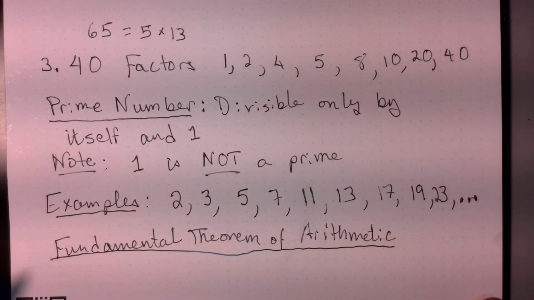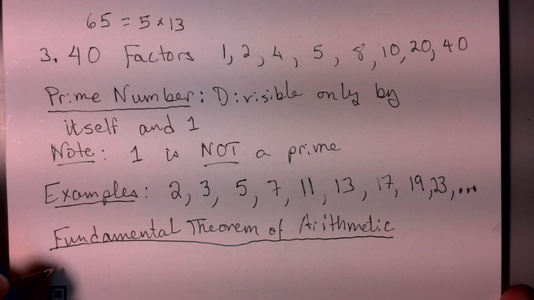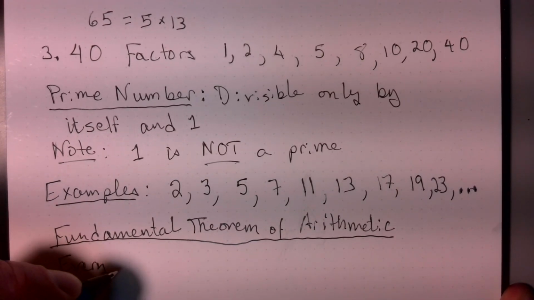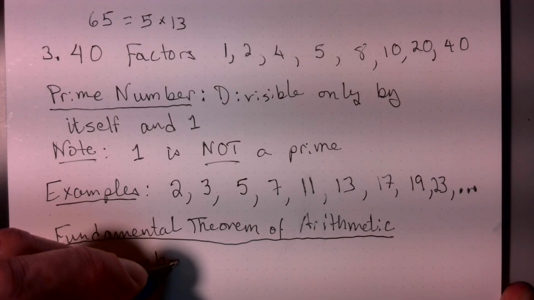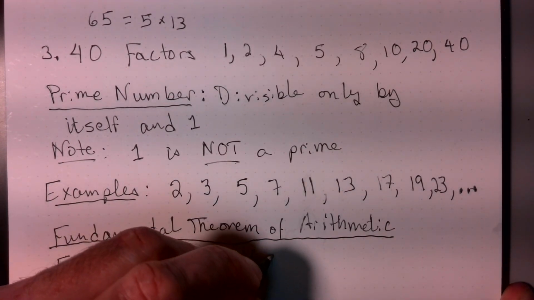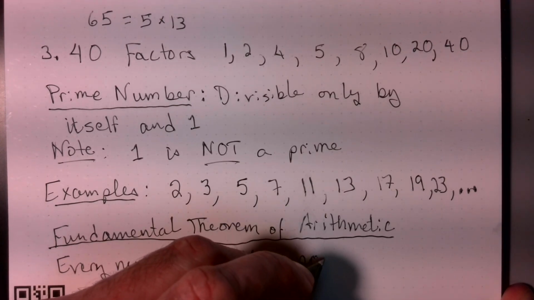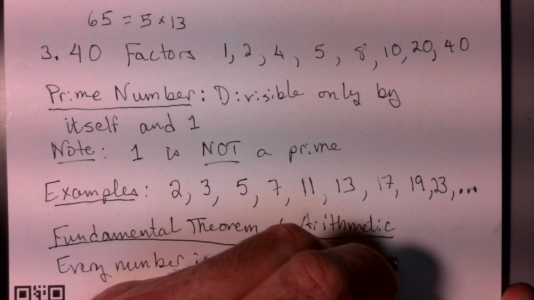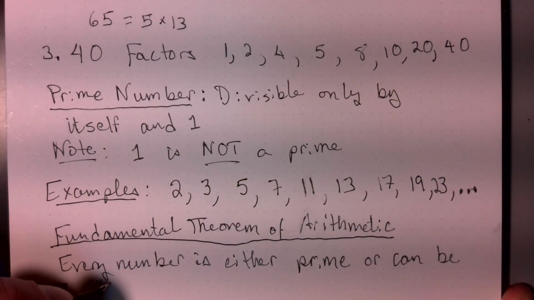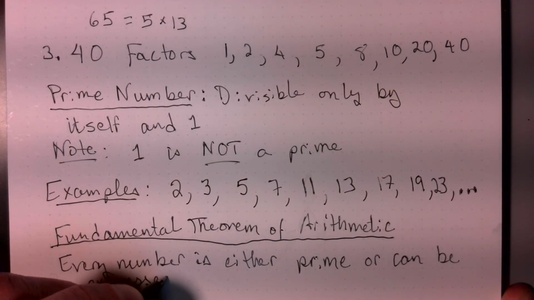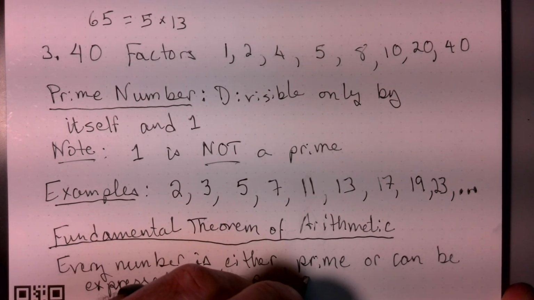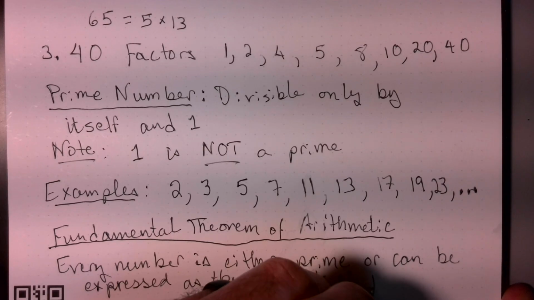We'll just take it as a fact for right now. So every number is either a prime or it can be expressed as the product of primes.